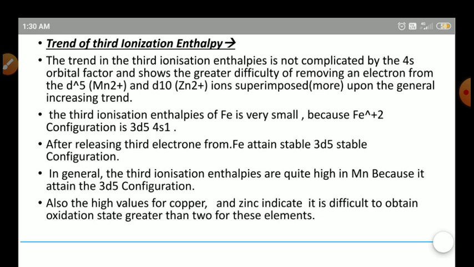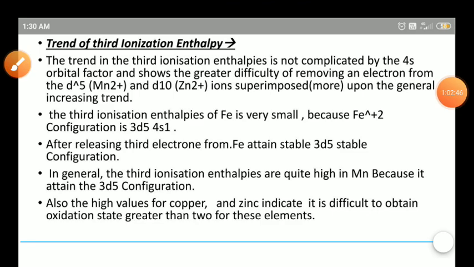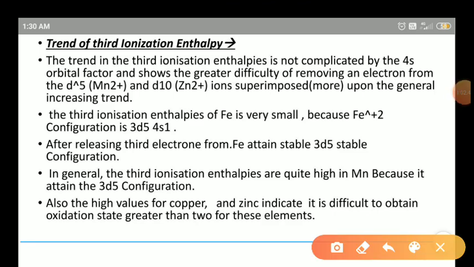Is it clear now? If not, the network problem is on your side. Only the last point. Okay, now the voice is clear.